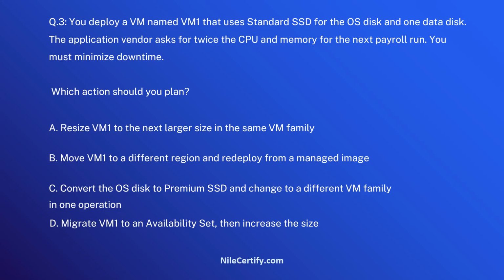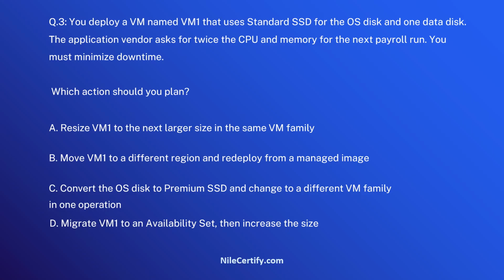Either way, it is usually the shortest path to more virtual CPU and RAM with minimal disruption, and it avoids disk migrations or platform moves. This lines up with both requirements in the question, doubling the CPU and memory and minimizing downtime, especially for a one-time spike like payroll. So that's a possible answer.